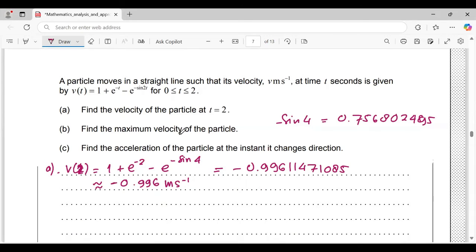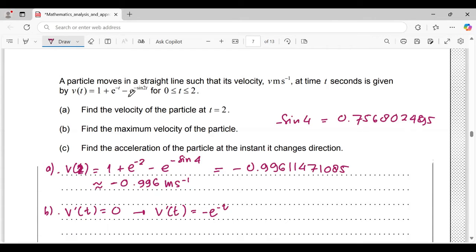Find the maximum velocity of the particle. Maximum velocity happens when the first derivative equals 0. So the derivative of this function: the derivative of 1 becomes 0, and the derivative of e power minus t is minus e power minus t.